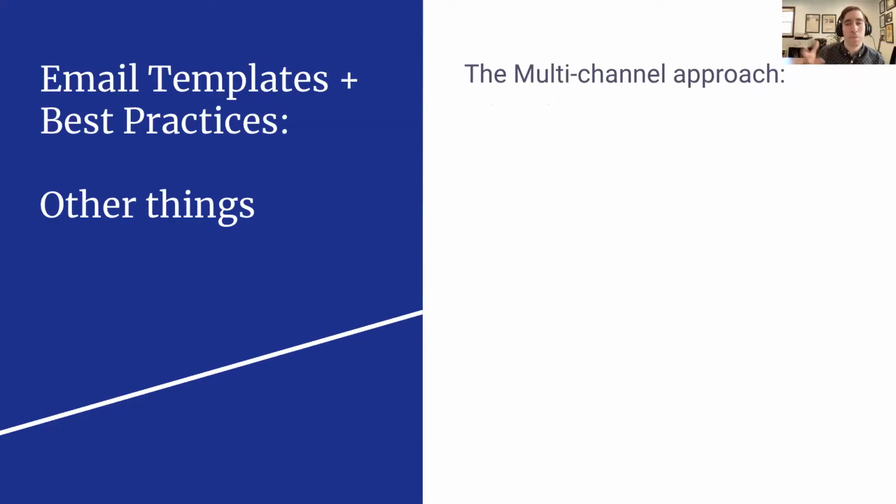You can also follow up on LinkedIn. So you connect, send the email, and a week later or so, follow up on LinkedIn, in addition to following up via email, to get in front of that person better. So email and LinkedIn.